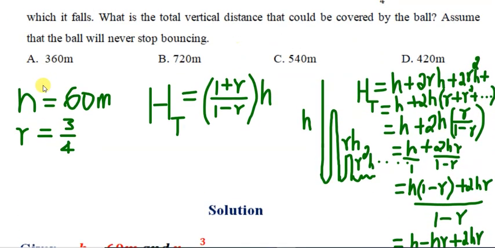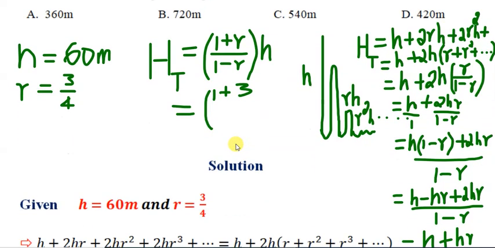Now here our variables h and r are given, and therefore insert each of these in the respective variables. Here we have 1 plus 3 over 4. Our r is 3 over 4. Let me show you here.